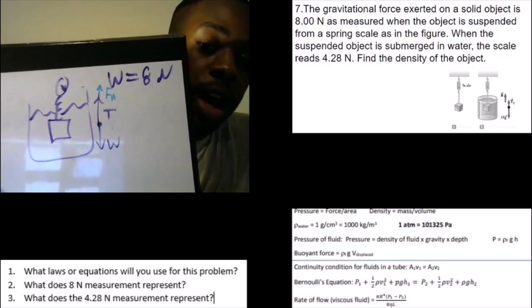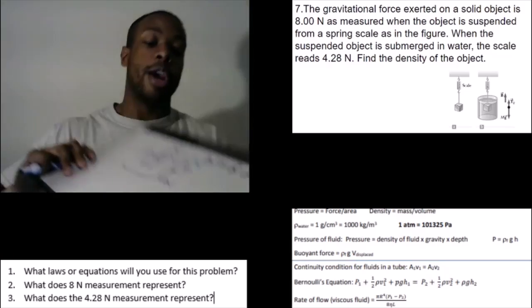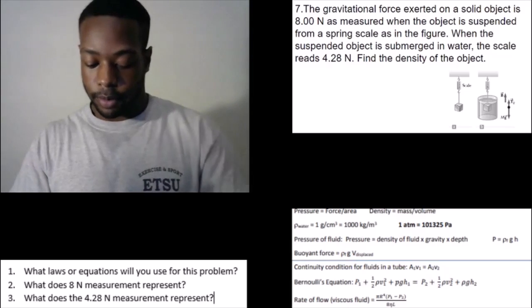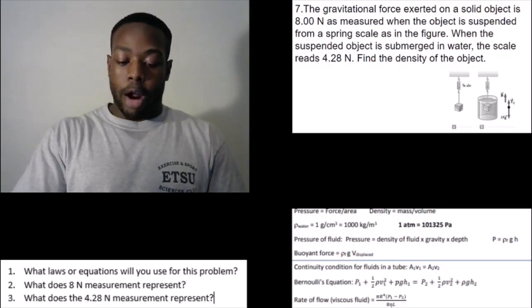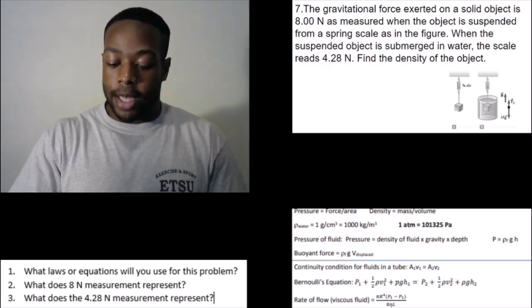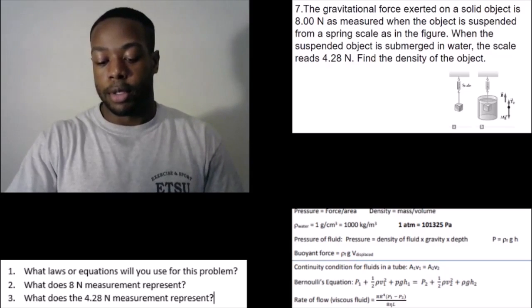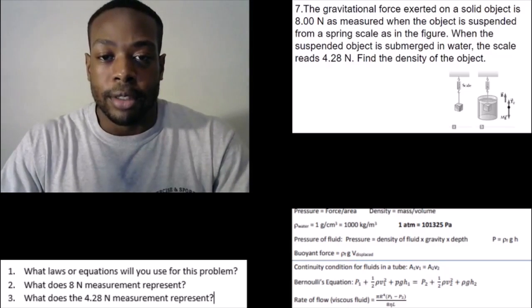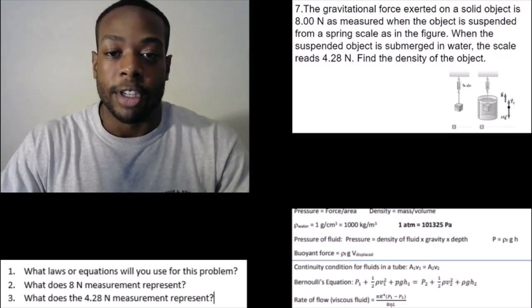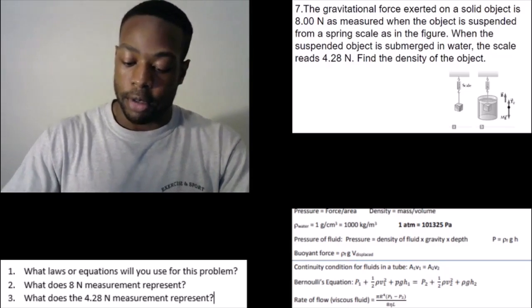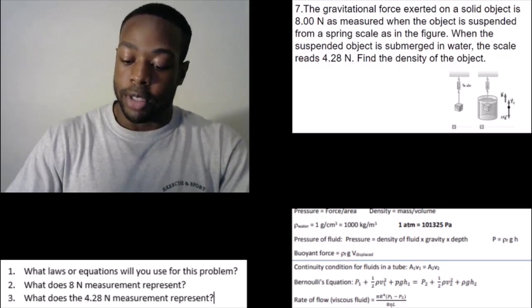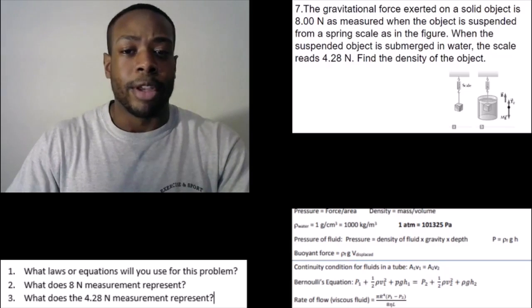Buoyant force going up, tension going up, and weight going down. So I already told you that our actual weight is 8 newtons, right? And the reading from your spring scale is going to be your tension, the 4.28 newtons.